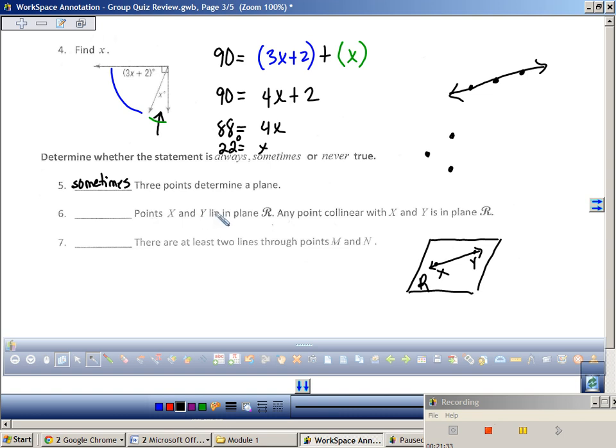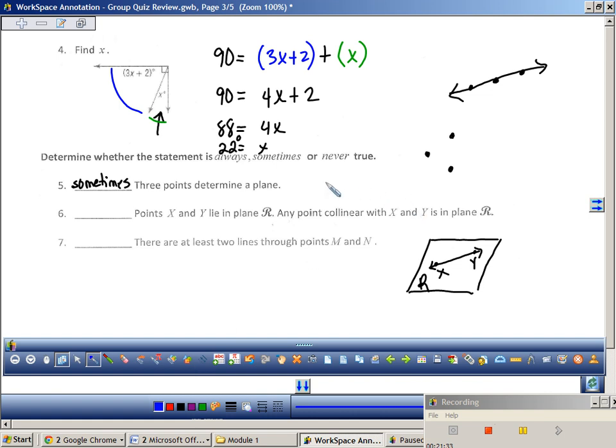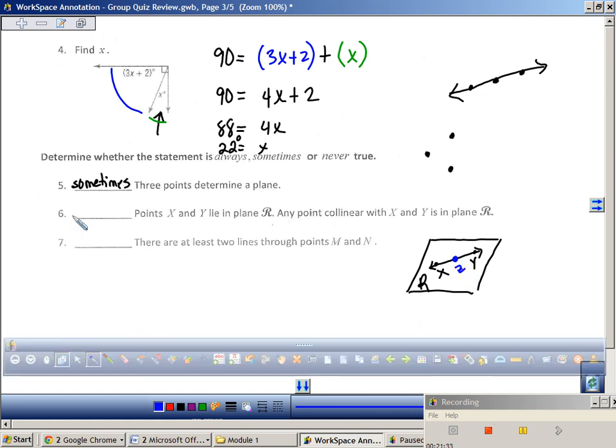Okay. So points X and Y lie in the plane. Any point collinear with X and Y is in the plane. Let's think about collinear. If I have a point that comes along, let's call it Z, and it lands on that line, is Z in the plane? Yeah.